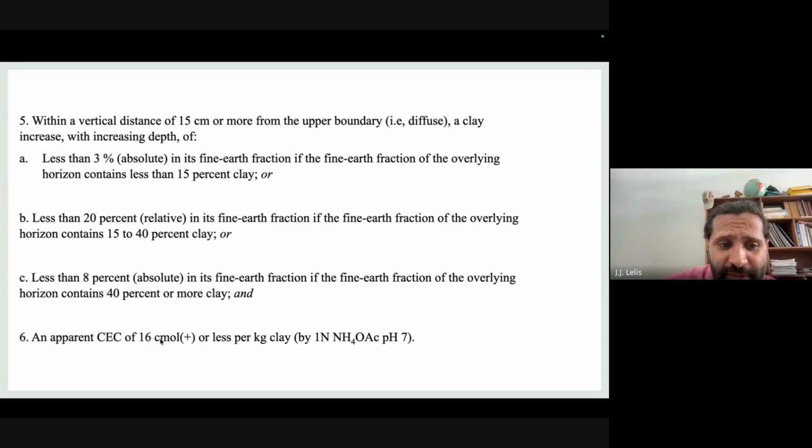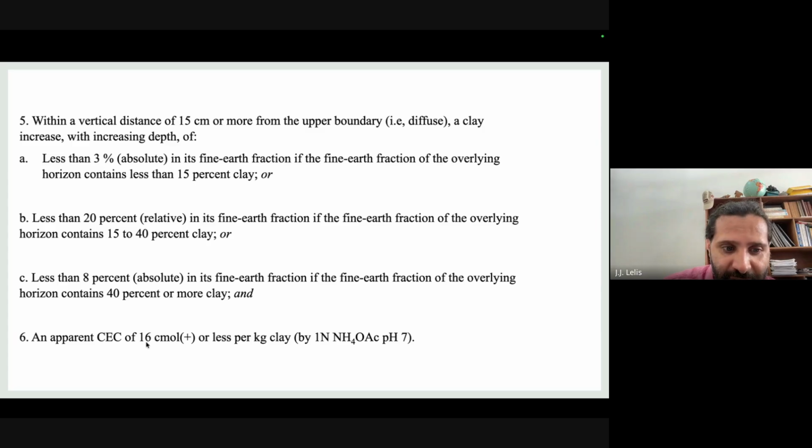I just need to divide the CEC by the clay content, and this result should be equal to or less than 16. This kind of math is just something that we do to be sure that we have low activity clays in the soil, okay?